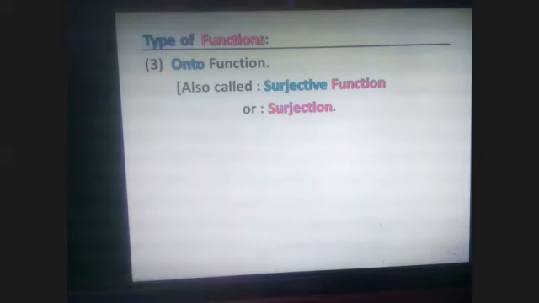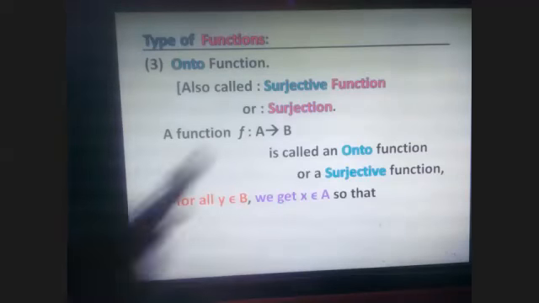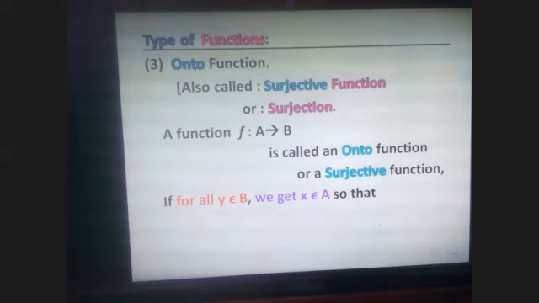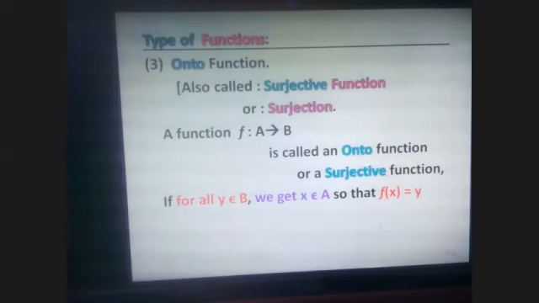A function from A to B is called an onto function, or a surjective function, or a surjection if, for all y in B, be careful, for all y in B, which is the codomain, we must get x in the domain, x in A, so that f(x) is equal to y. There shall be no y in B without having an x to which it is connected.